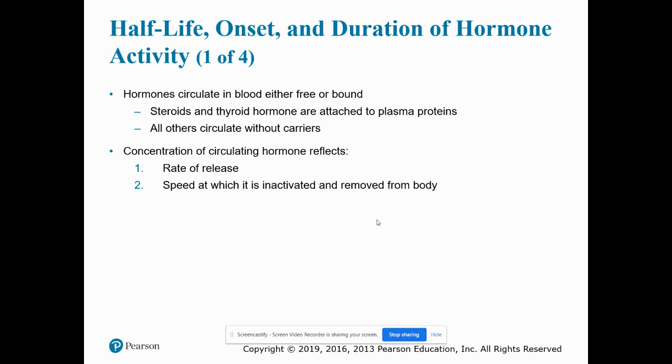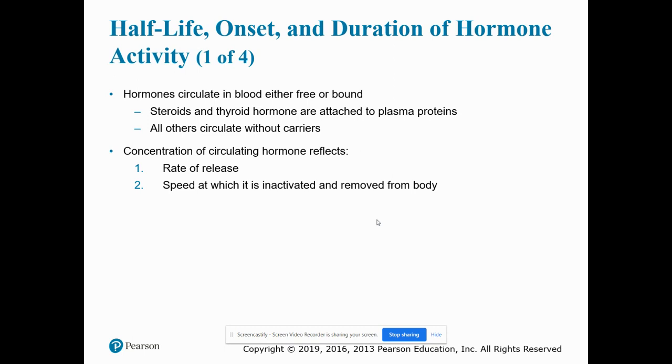And then the final things we talk about in this particular talk are half-life, onset, and duration of hormone activity. So hormones circulate in the blood either free or bound. If you go back to remembering the water-soluble and lipid-soluble, the steroid and thyroid hormones, which are lipid-soluble, are going to travel in the blood attached to plasma proteins.